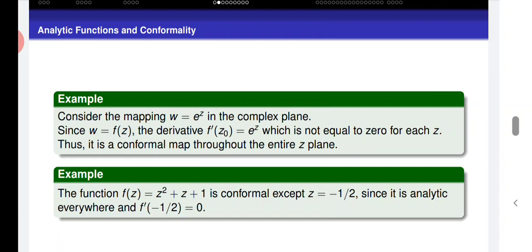Another example: the function f of z equal to z square plus z plus 1 is conformal except at z equal to minus half, since it is analytic everywhere and f dash at minus half is equal to 0.